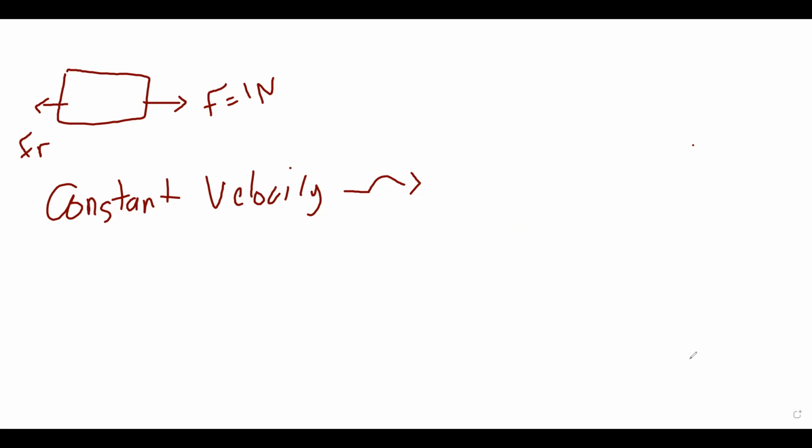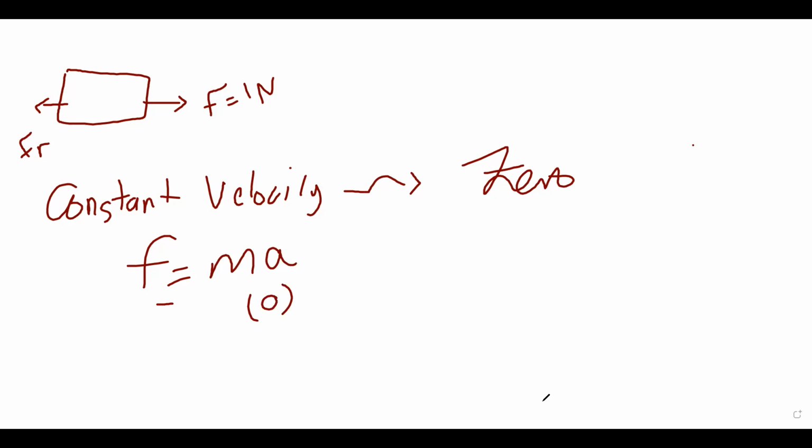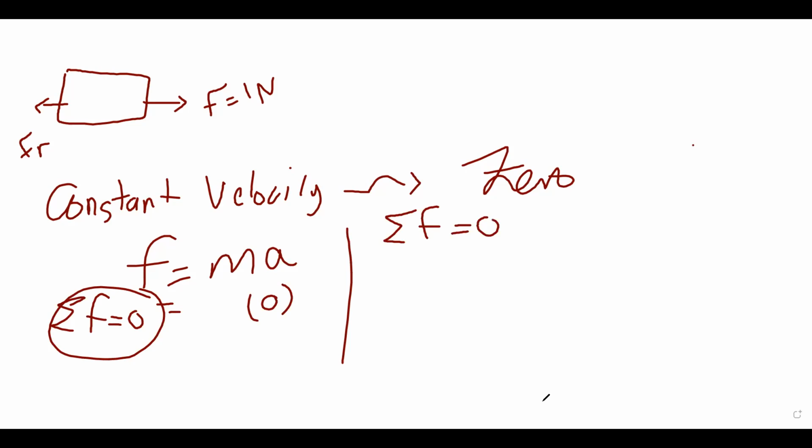So if there's a constant velocity, what about the acceleration? It will be 0, because there is no change in velocity. If you say that F net equals m times a, and the acceleration is 0, what does the net force equal? It will be 0. So since the net force equals 0, what is the net force here?